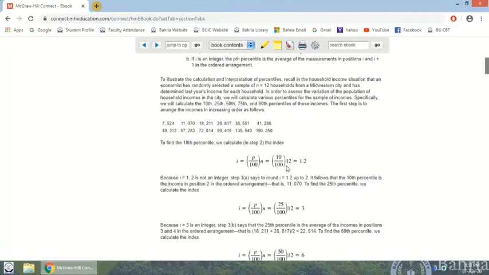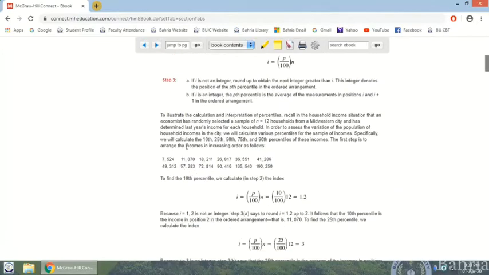So 2 basically means that for the 10th percentile, we have 2 households, out of the 12, with an income of 11,070.